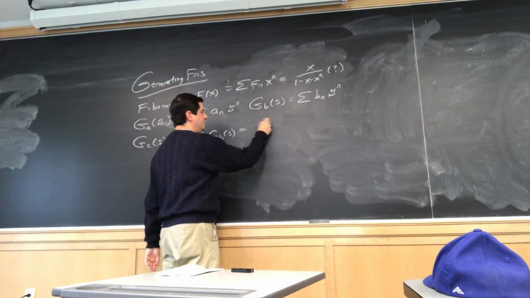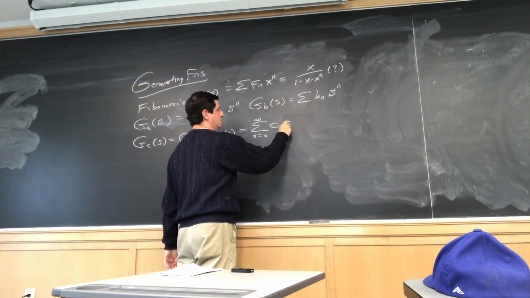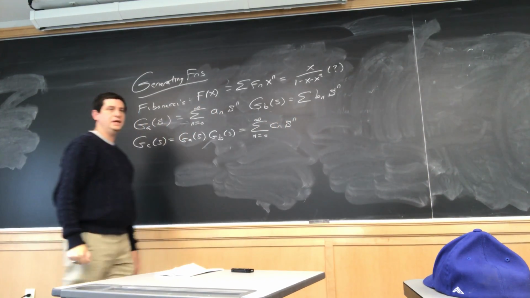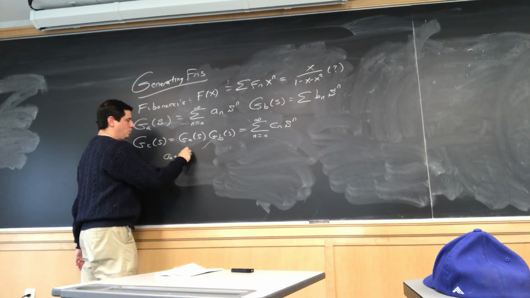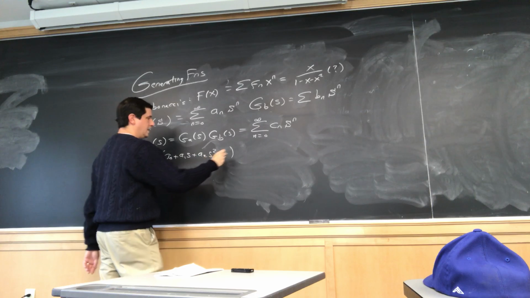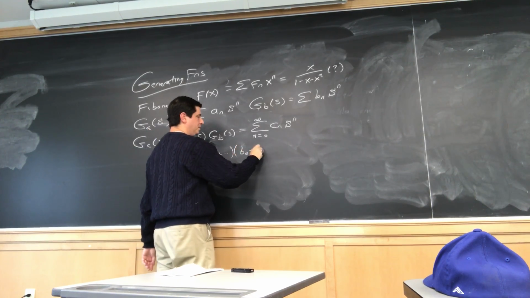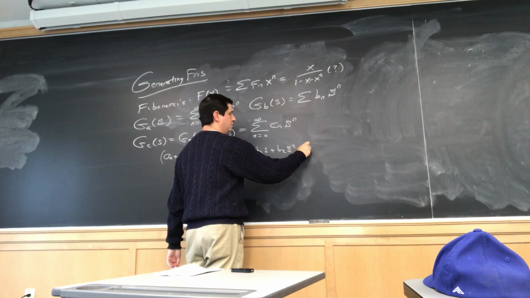So this should be the sum, n goes from 0 to infinity, of c_n s to the n. And if you think about this, what's really going on is we have a0 plus a1 s plus a2 s squared, times b0 plus b1 s plus b2 s squared.